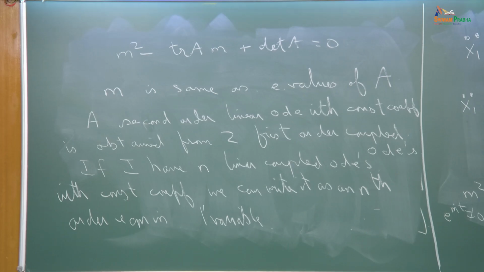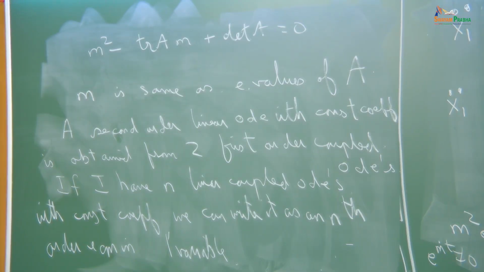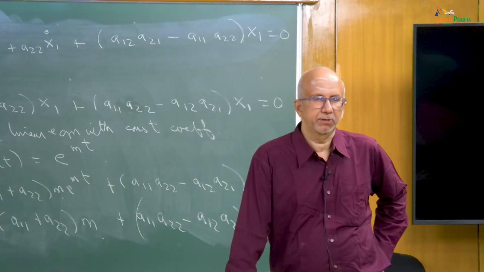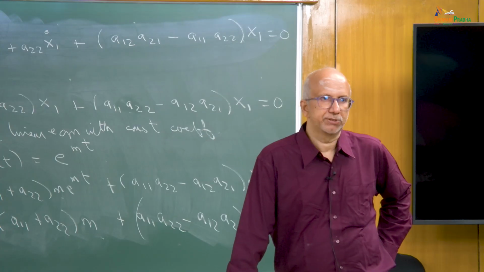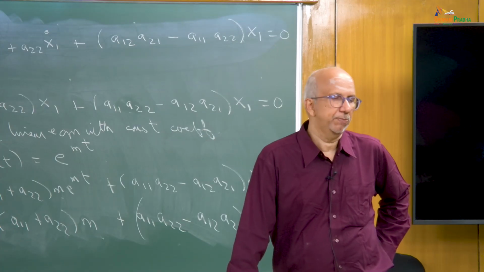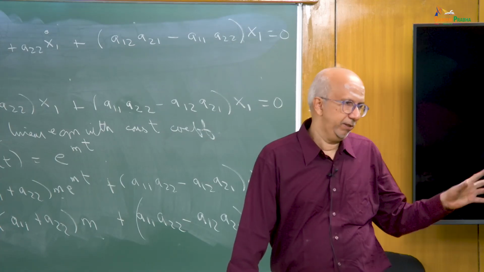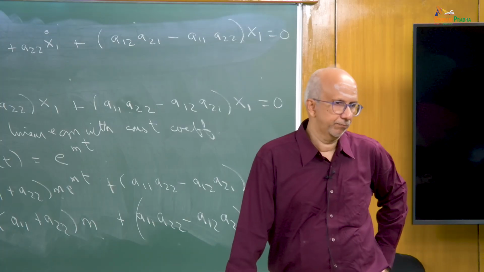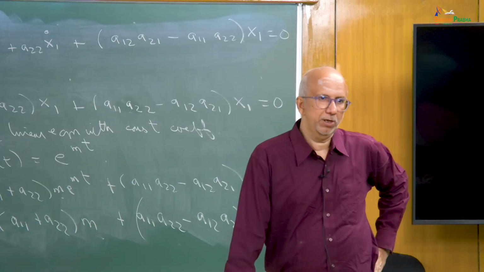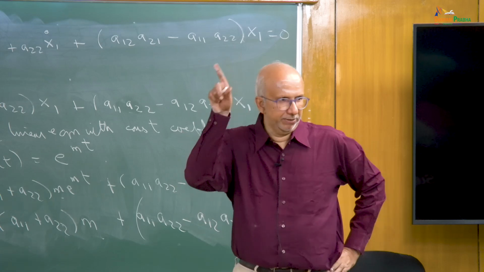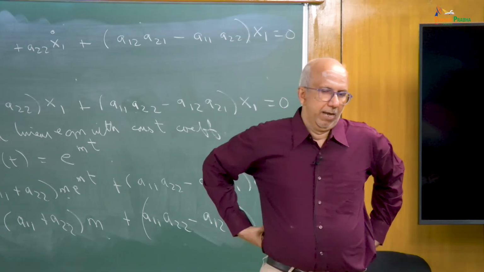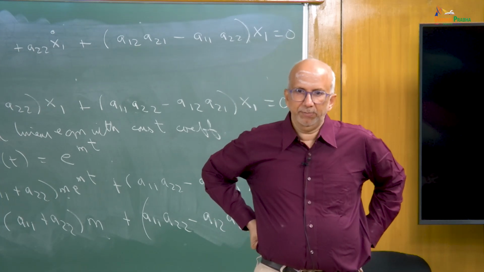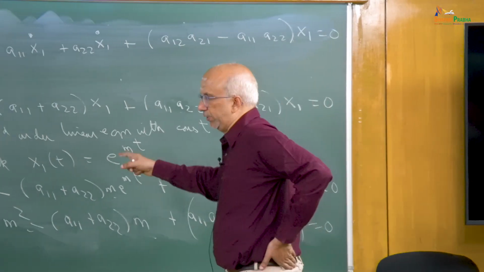Like I just said, if you have a second order equation with constant coefficients, you seek the solution in the form of e power mt. The m turns out to be a quadratic, and that is the equivalent of an eigenvalue. That is the reason I said eigenvalues of A. That is governed by the same equations as what we are getting now.